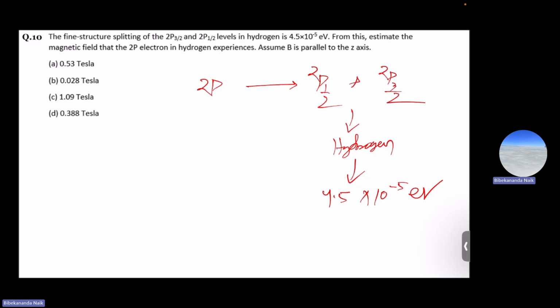Sodium has D1 and D2 lines that correspond to the levels 2p1/2 and 2p3/2, but here it is hydrogen, so it is 4.5 into 10 to the power minus 5 eV. From this we need to find what magnetic field leads to this splitting. I'll give you a few minutes and then we will discuss it.